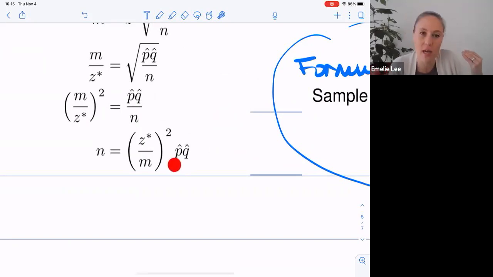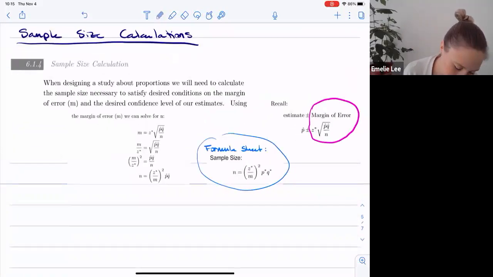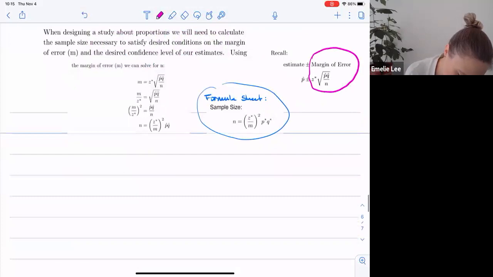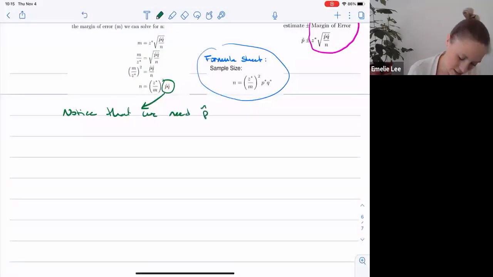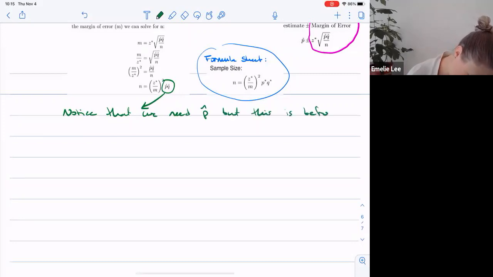How am I supposed to have a sample proportion if I haven't collected a sample, right? Notice that we need P hat and Q hat, but Q hat is just 1 minus P hat, so we still just need P hat, but this is before collecting a sample.